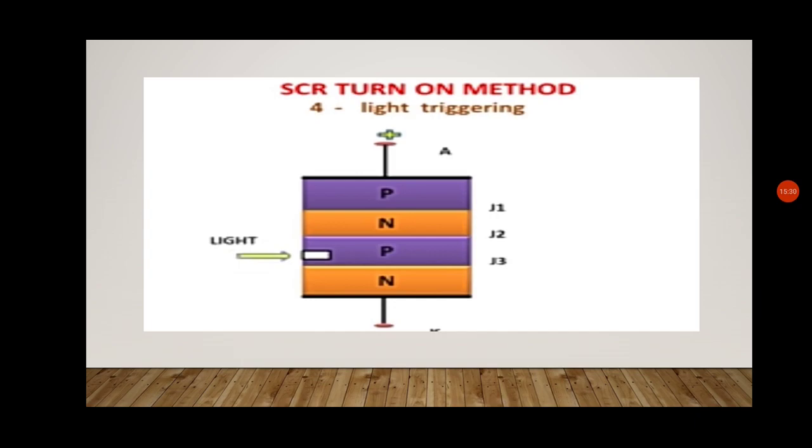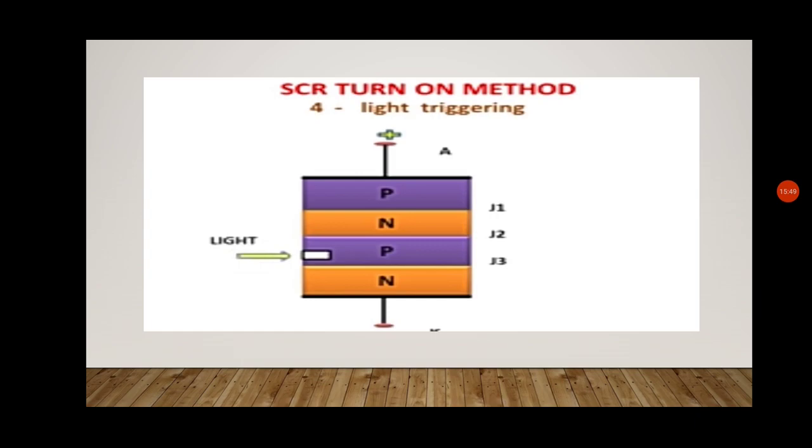And what happens is, whenever we make light fall into the window of P at a certain wavelength, electrons will be induced and the SCR will go into forward conduction mode.